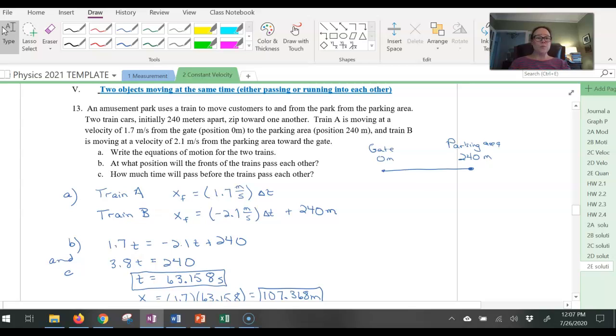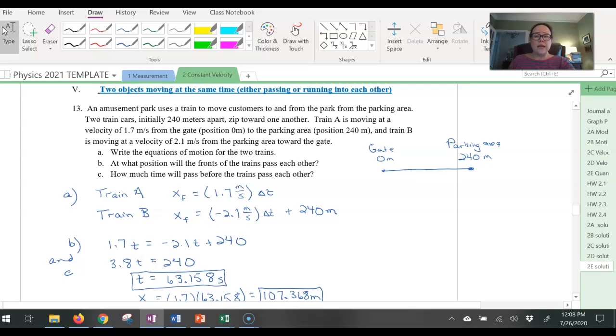Okay, so my first step is to write equations of motion for both trains. Since train A is starting at the gate, its initial position is 0, and I don't need to write that in my equation. Train B is starting at a position of 240 meters, but I need to be sure to write its velocity with a negative sign because it's moving in the negative direction.